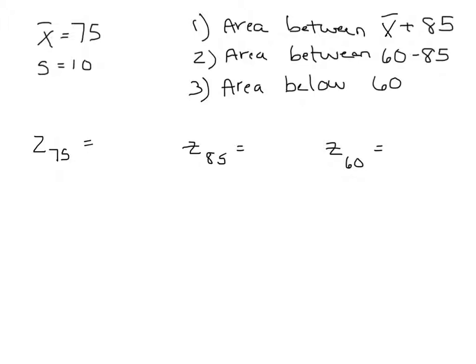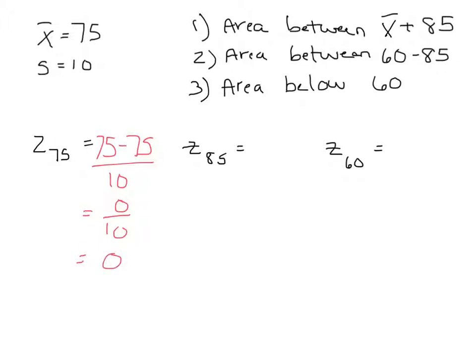Because 75 is the mean, we know that it's going to equal 0, but let's actually see how that number happens. The x is 75 minus the mean all over a standard deviation of 10. That will get us 0 over 10, which results in the 0 that we were expecting to get.